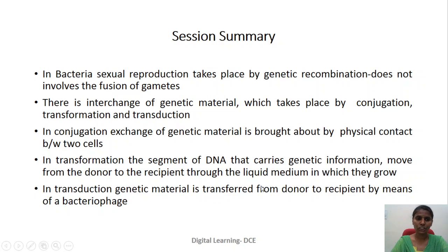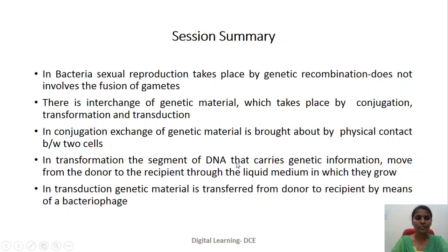To sum up the session, in bacteria, sexual reproduction takes place by genetic recombination, which does not involve the fusion of gametes, but takes place only through exchange of genetic material, which is accomplished by conjugation, transformation or transduction. The interchange of genetic material in conjugation is brought about by the physical contact between the two cells by the formation of a special tube called the conjugation tube or sex pili.